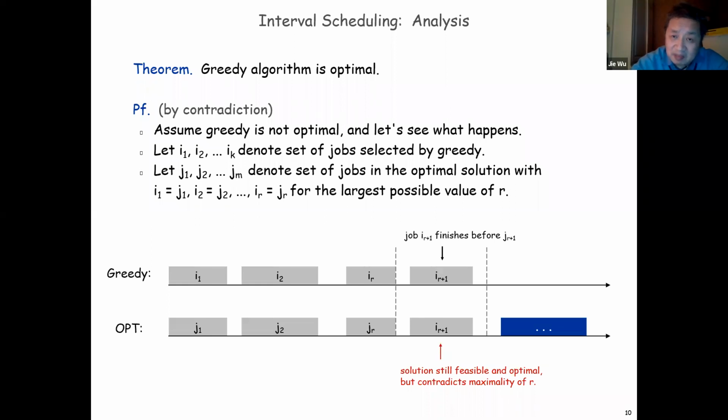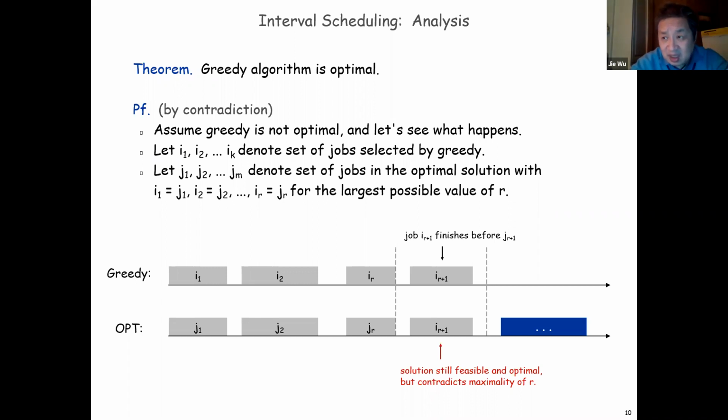In fact, you can prove it in a very simple way, which is not really formal but is quite intuitive. Basically, you select the first job, the one with the earliest finish time. When this job is done, look at how much time is left to select the remaining jobs.